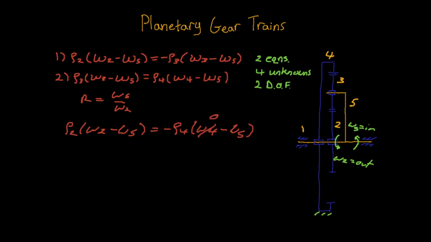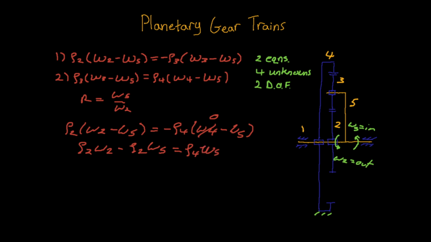And so we get rho 2 omega 2 minus rho 2 omega 5 is equal to rho 4 omega 5.